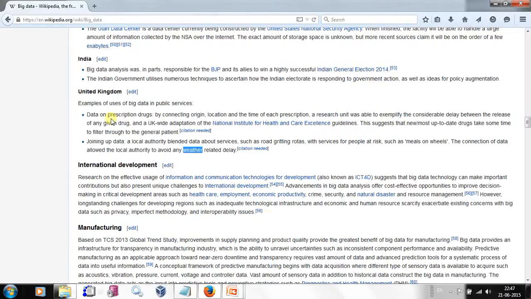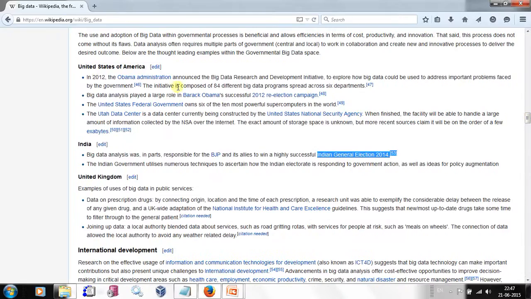If you see the wiki, you can see big data analysis was in part responsible for the BJP and its allies winning highly successful general elections. Also, big data analysis played a large role in Barack Obama's successful 2012 re-election campaign.